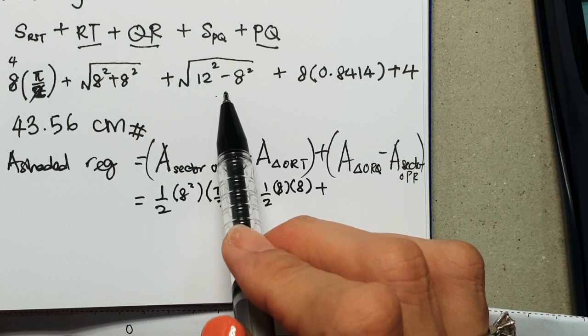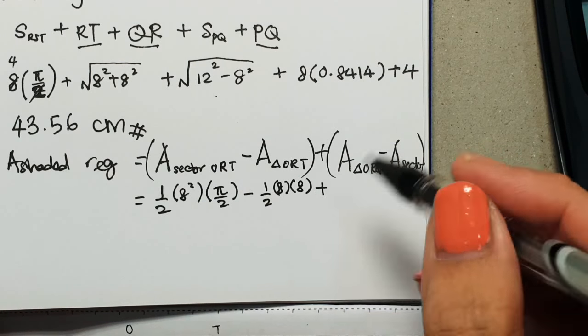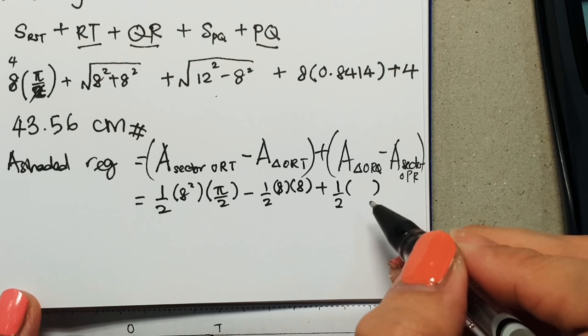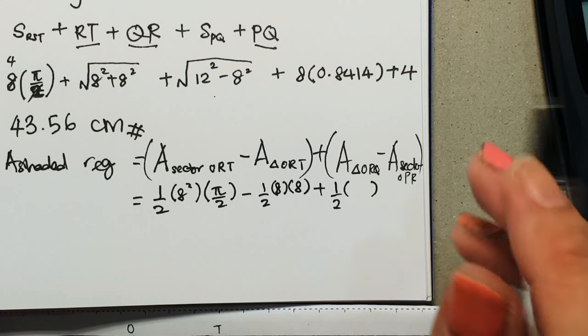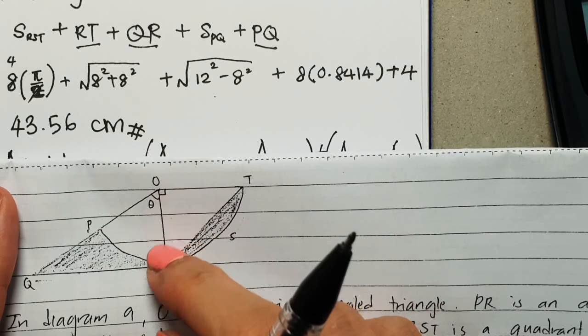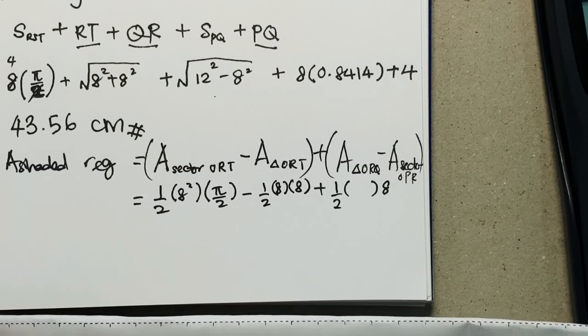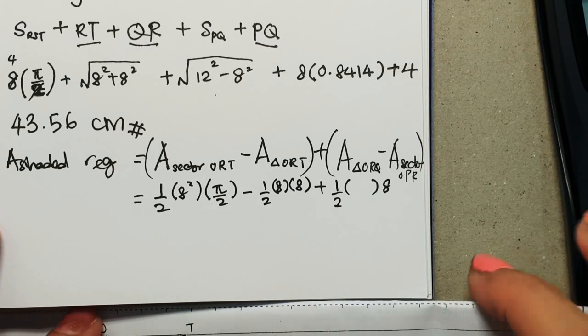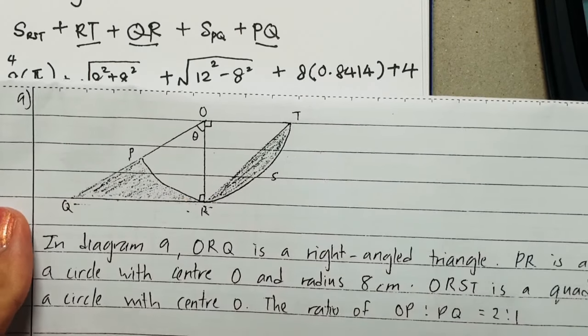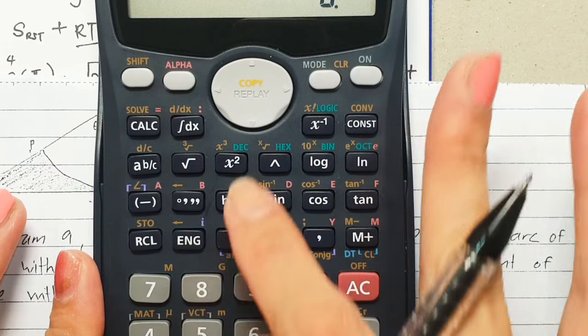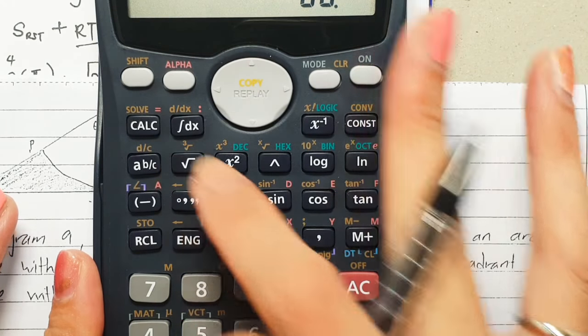So we can use the QR as our base. So we take half times the base times the height. The height is this one, so the height is 8. And let's find out what the QR is. It's 12 squared minus 8 squared, square rooted.